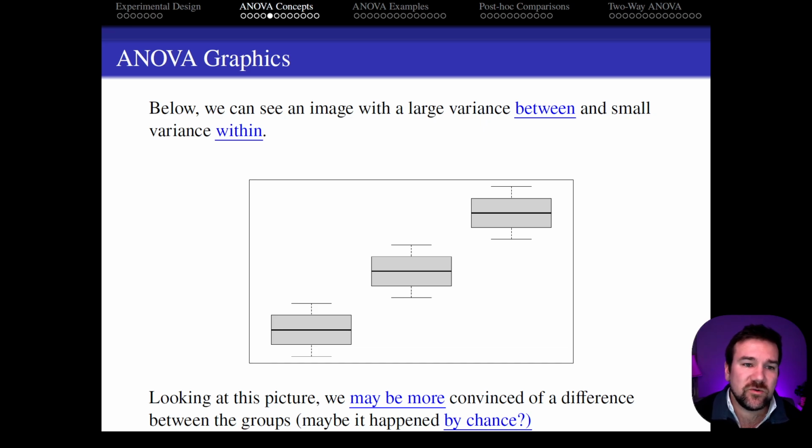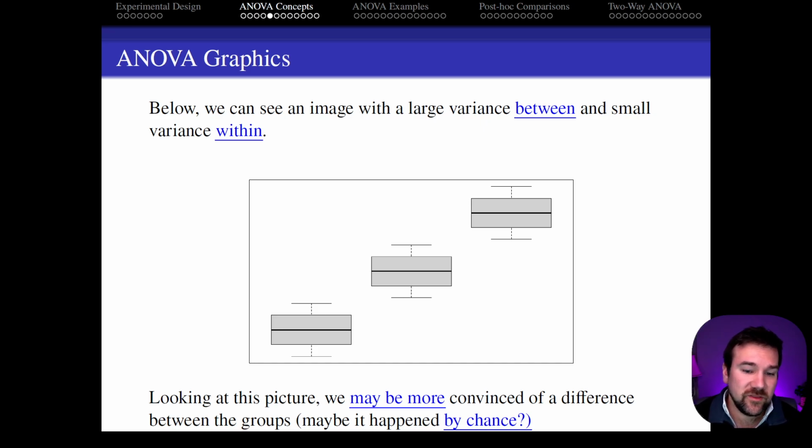So when you think about between and within and what ANOVA is trying to do, the goal in ANOVA is to use this visual evidence and essentially say, this is evidence of a large variability between relative to the amount of white noise or variability within. The previous graphic is an example of a lot of variability within compared to relatively low variability between the groups. The movement between the groups wasn't very much, and there was a lot of movement within the groups.